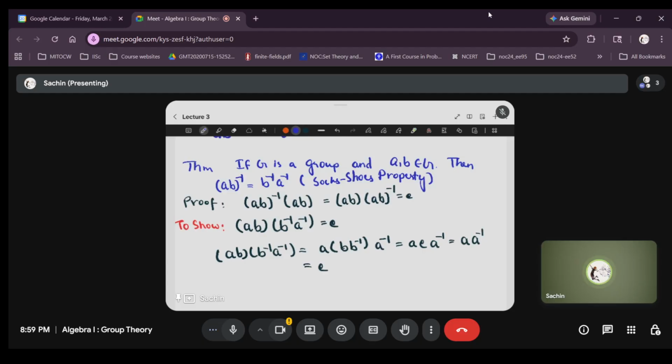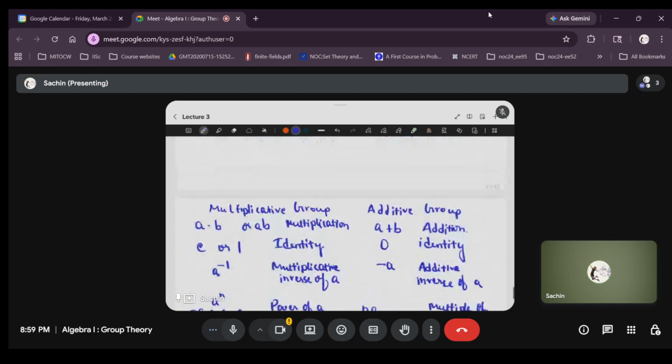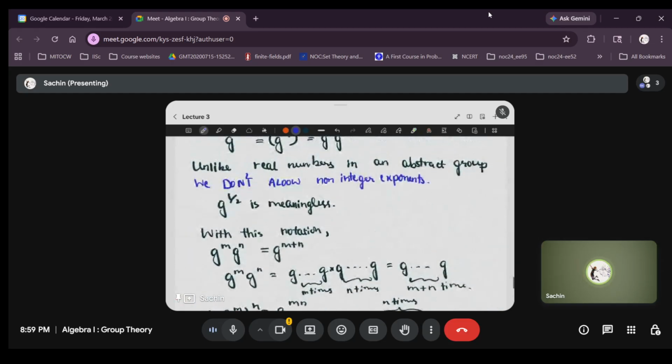Now, with that notation, we'll solve two more problems.